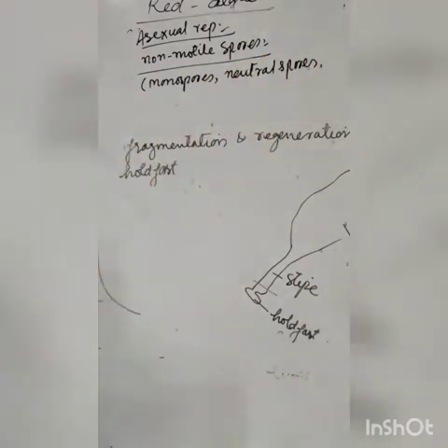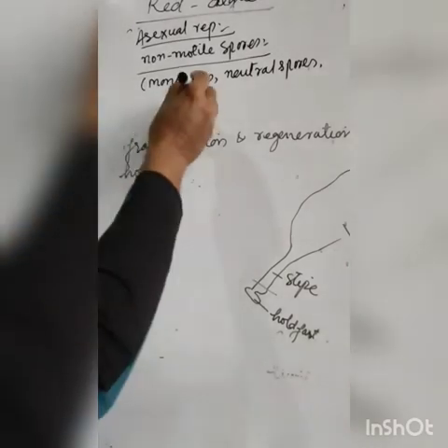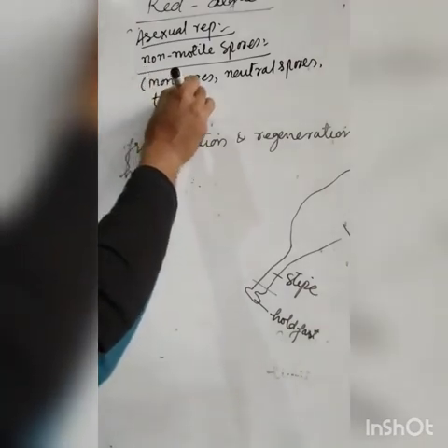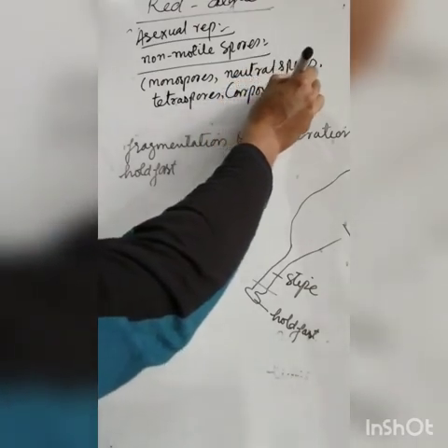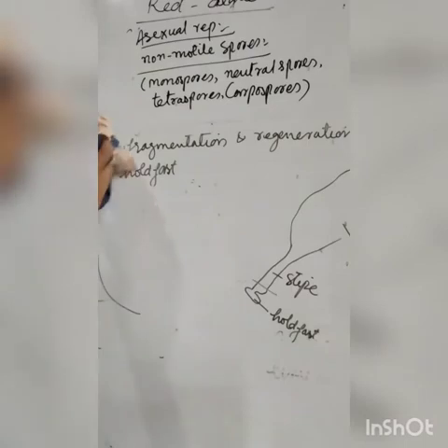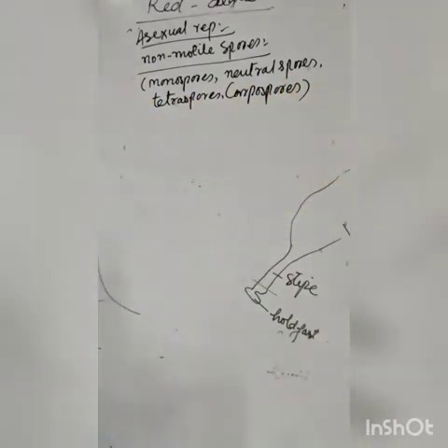There are also carpospores, और tetraspores, चार होते हैं वो एक ही साथ. That means you have to remember only that there are no motile spores, there are only non-motile spores, special spores.